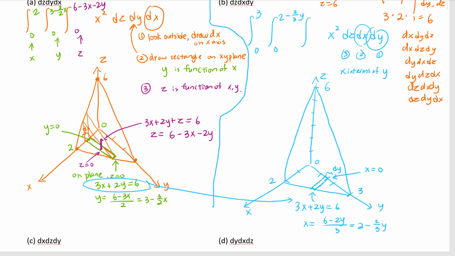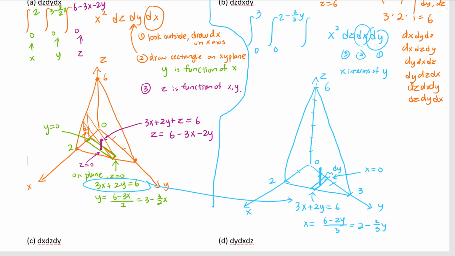Then the third step, draw a point on the rectangle, and imagine how the point would go. The point goes from the xy plane and increases up to the plane.